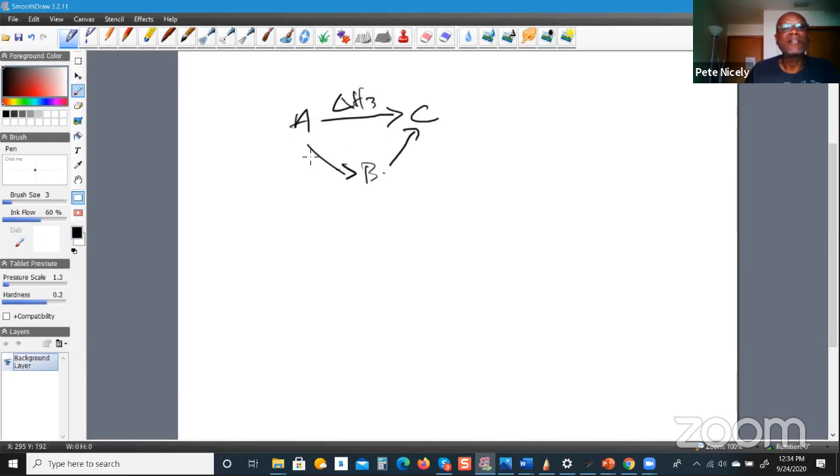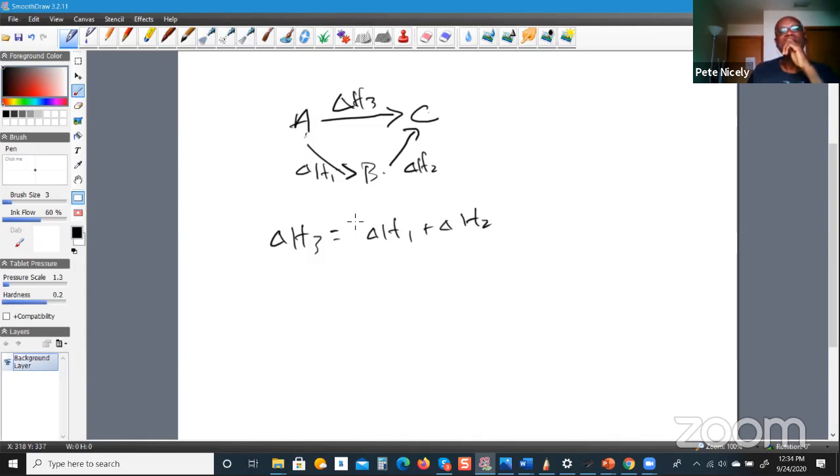So let's call this delta H1 for the enthalpy change for that step. And let's call this delta H2, all right? So basically what Hess's law is saying is that delta H3 for this system here will be equal to delta H1 plus delta H2. In other words, it doesn't matter how you get from A to C, be it direct or through some intermediate. The enthalpy change will be the same, all right?